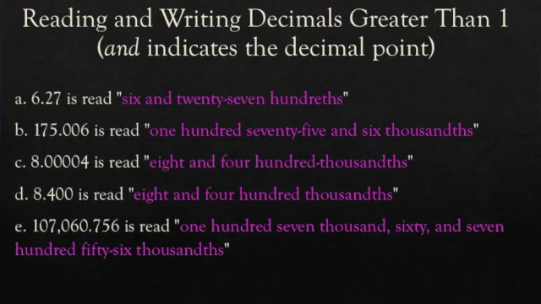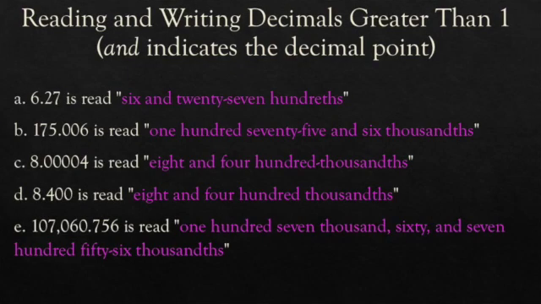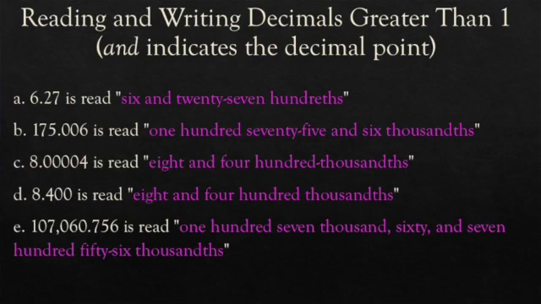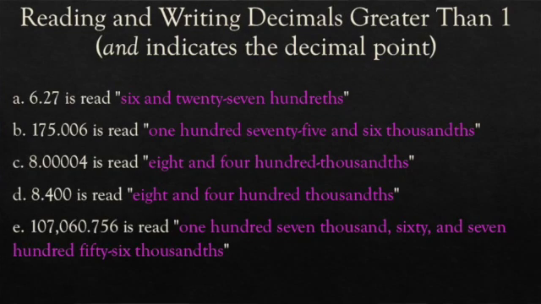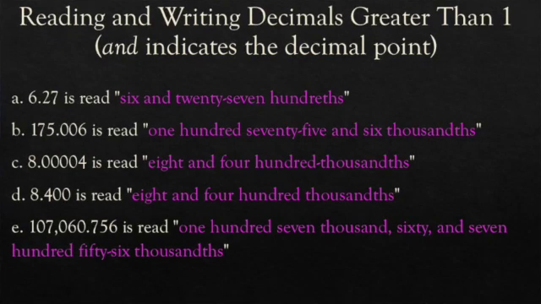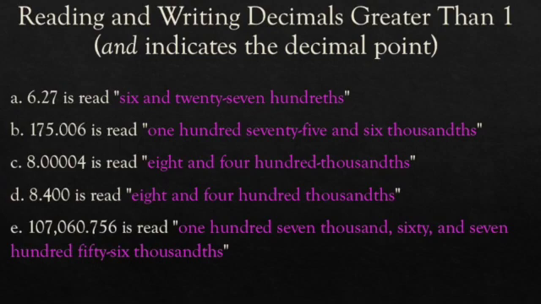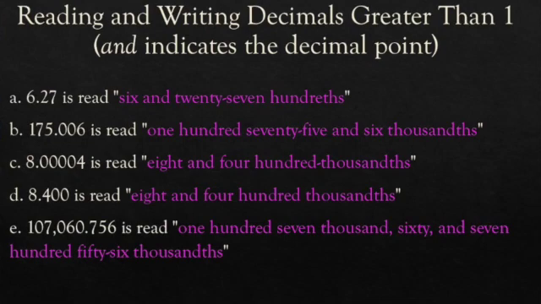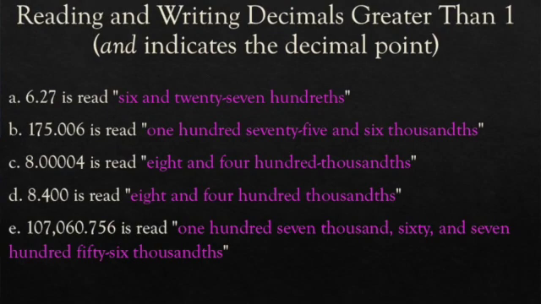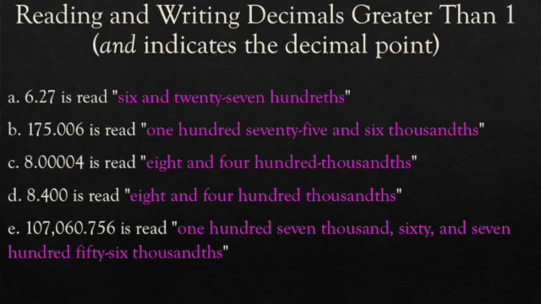My whole number is 100 7,000 comma, because there's a comma there, 60, and then I have a decimal, so I need to write and 756 thousandths.